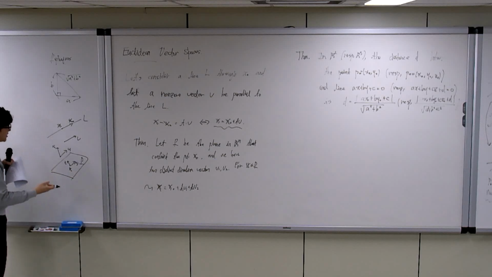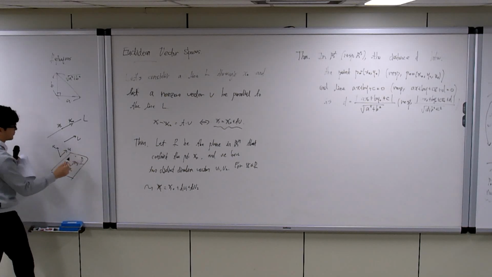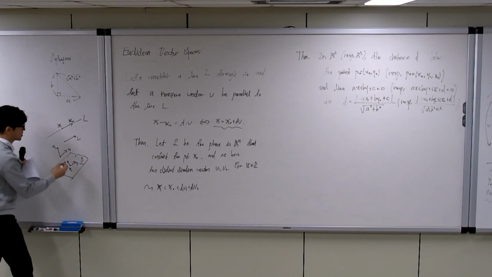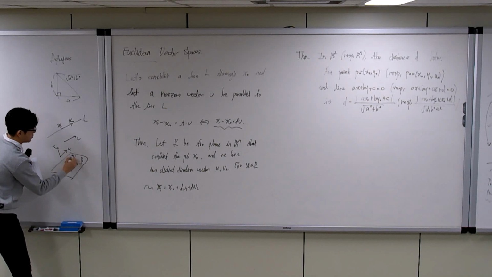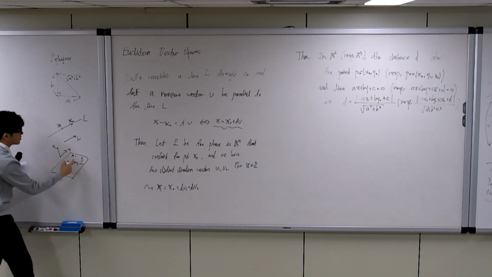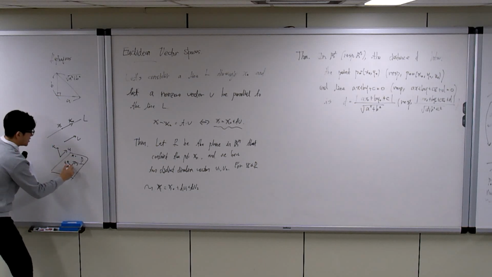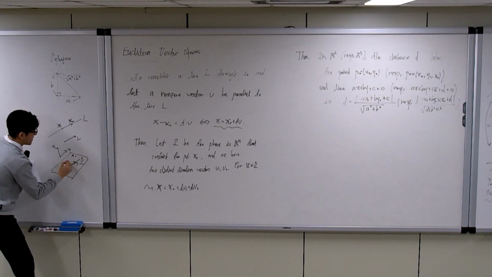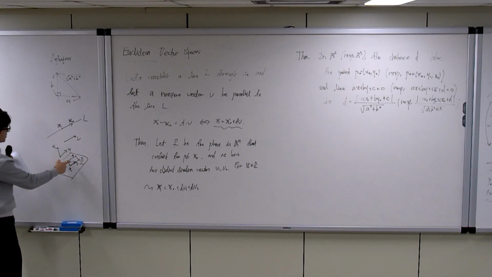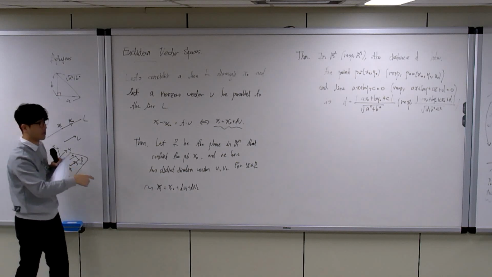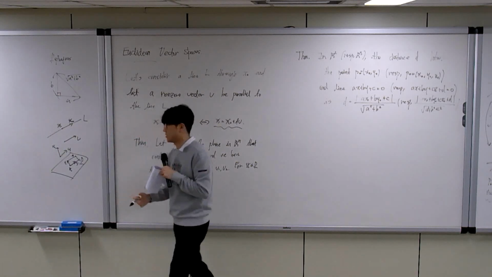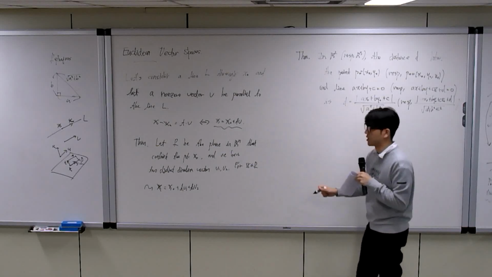And conversely, if you choose some point in this plane P, then it will be written as a linear combination of v1, v2, by making a parallelogram.